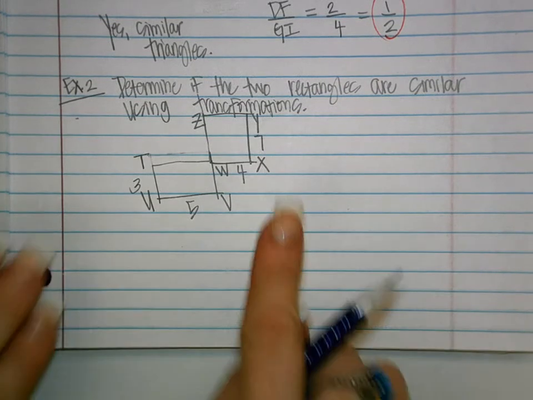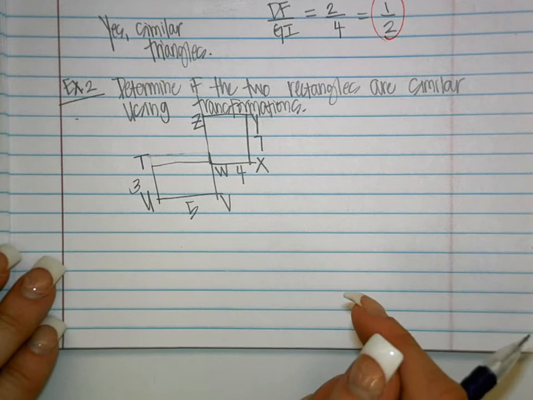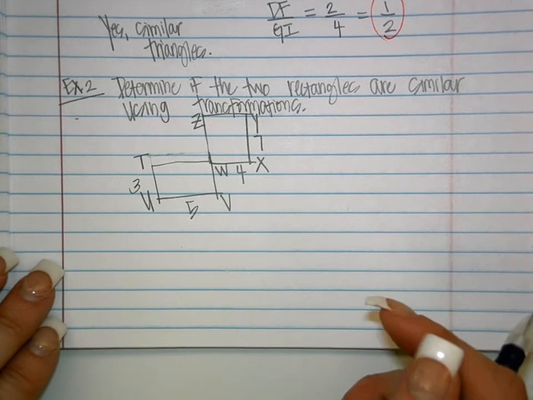So if you had these on a grid, you would just count them, okay? And we want to figure out, are these similar?